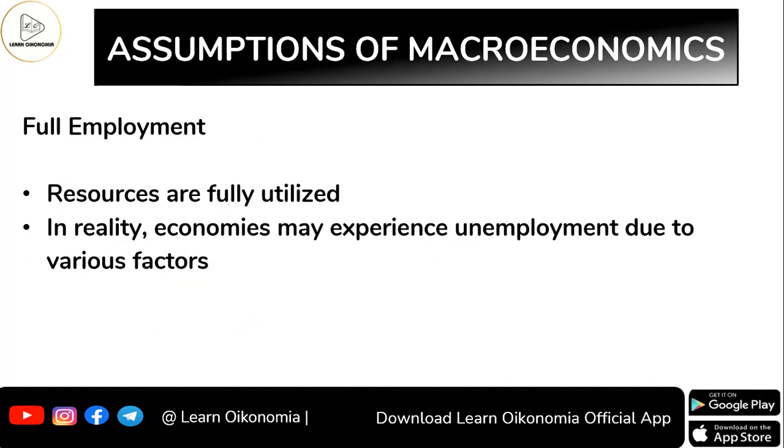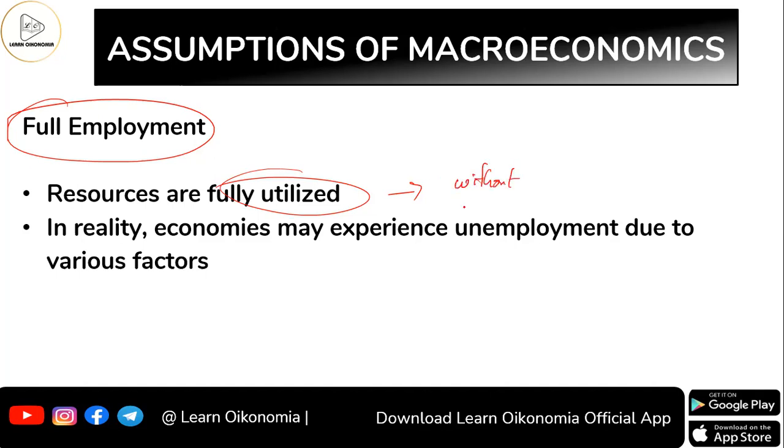Now, yet another problematic assumption that we have in macroeconomics is full employment. This is again one of the important assumptions used by the classical school of thought. They believe that resources are fully utilized without wastage.